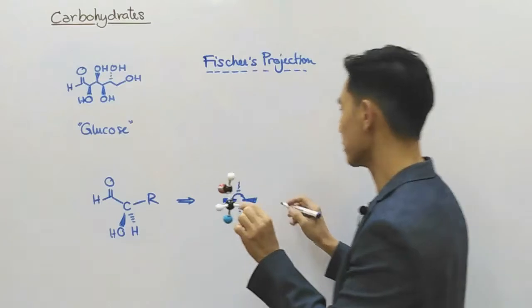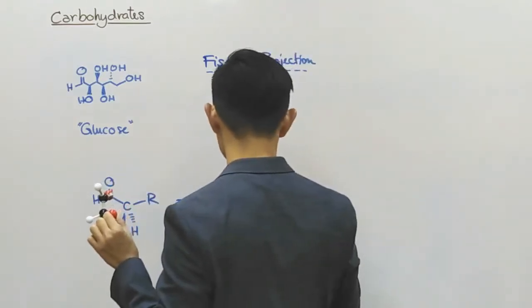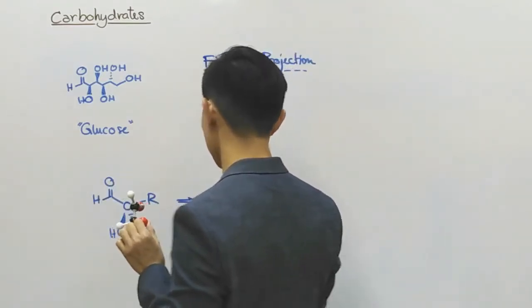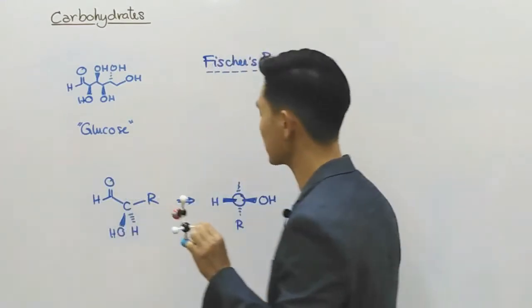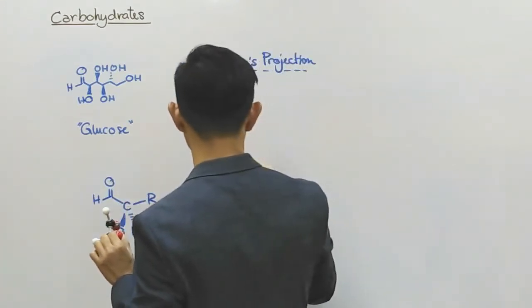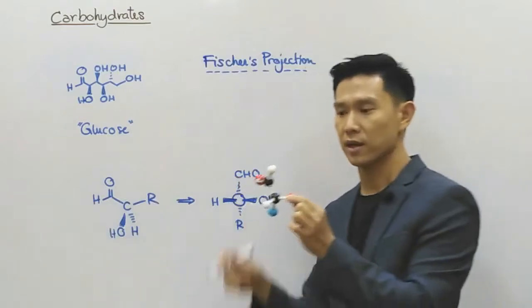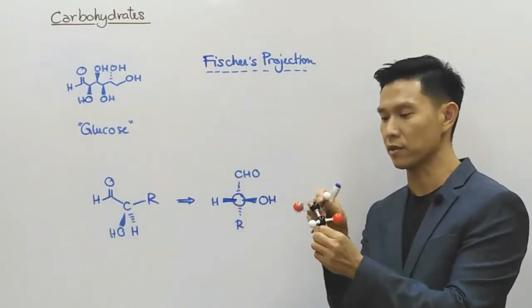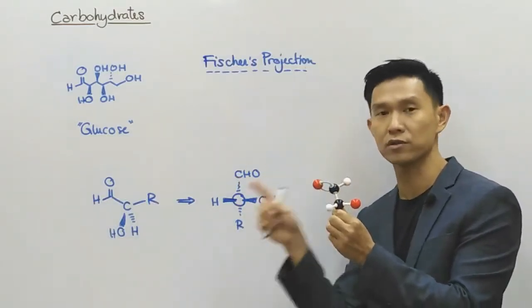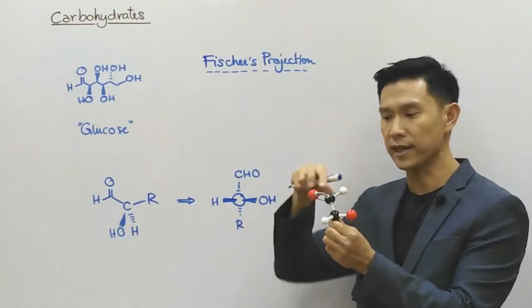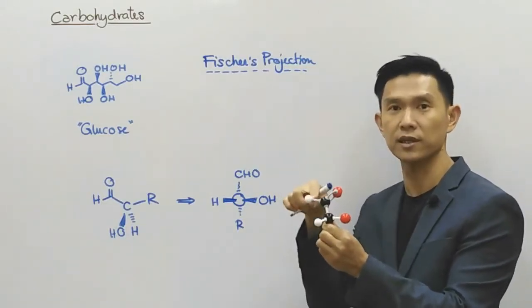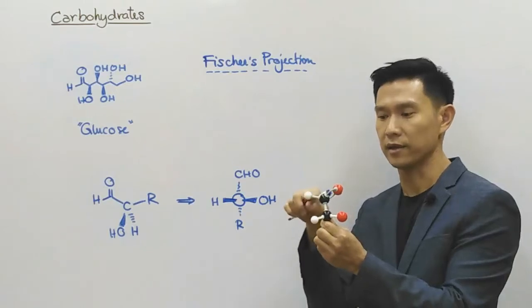So what we can see here is the OH is on the right, H is on the left, the R group pointing downward, and the carbonyl group pointing upward. The carbonyl group here, you can draw it with the carbonyl double bond O on your left hand and hydrogen on your right hand, or you can just turn it, carbonyl on the left and hydrogen on the right.